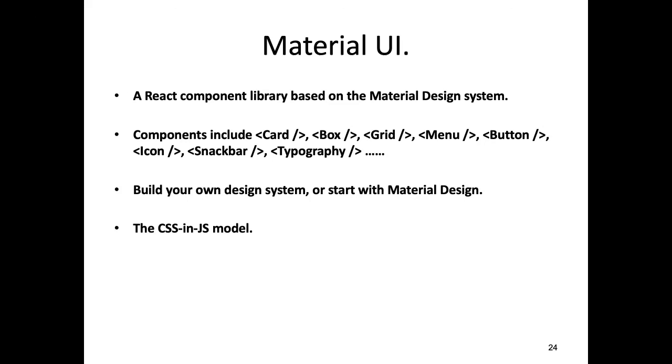So we'll have a card component, box, grid, etc., etc. So rather than us trying to design these ourselves, we can just pick them from the library and tweak them. By tweaking, I mean you may want to slightly modify the default styling associated with them.